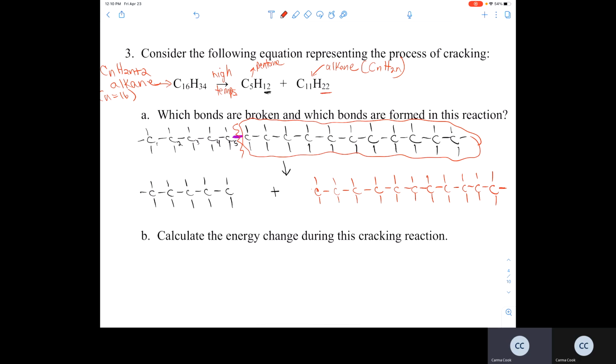But you only need 22 hydrogens. So the extra hydrogen, one of these hydrogens, therefore, is going to be transferred here to form a new bond.